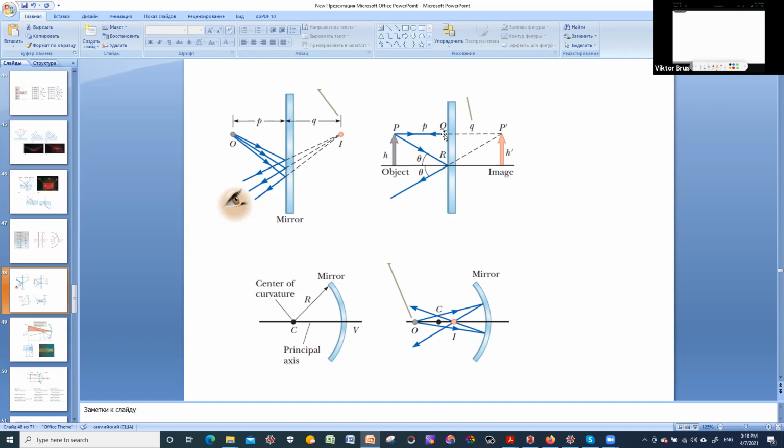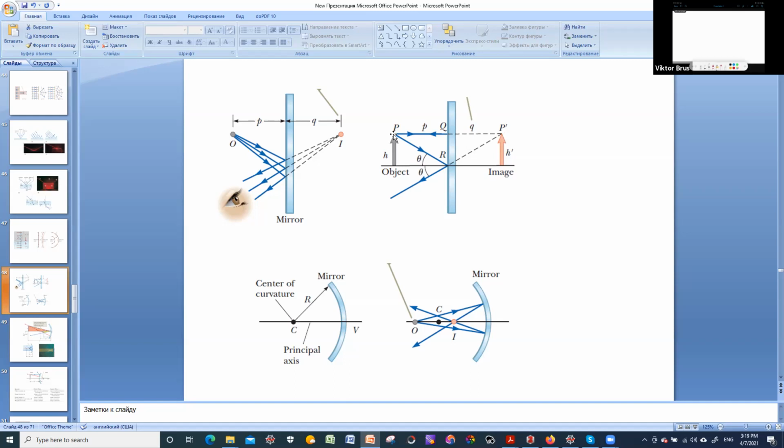And now, if we extend the reflected rays, first and second, towards their interception behind the flat mirror, we will get this point P prime, which is the interception of the reflected rays, and that is the image of point P. It means that here will be the image of our whole object, since point P is the highest point of the object which we consider.